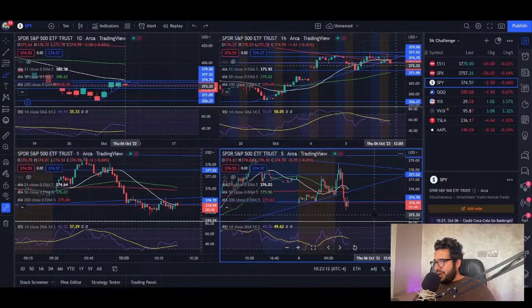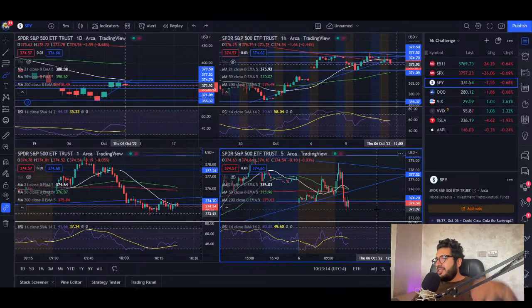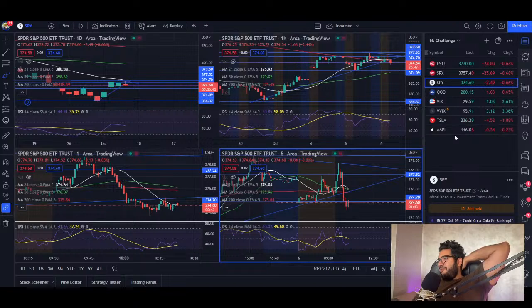All right, we're waiting for our bear flag here to see if this one plays out or not. VIX is nice and green, 3.6% here.